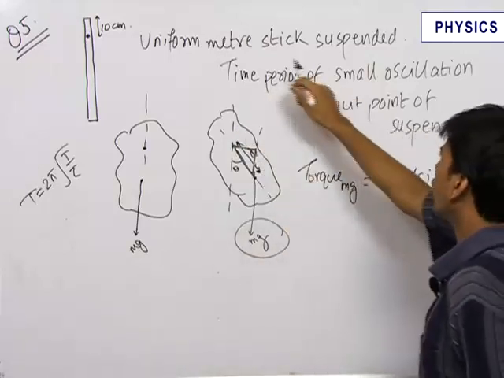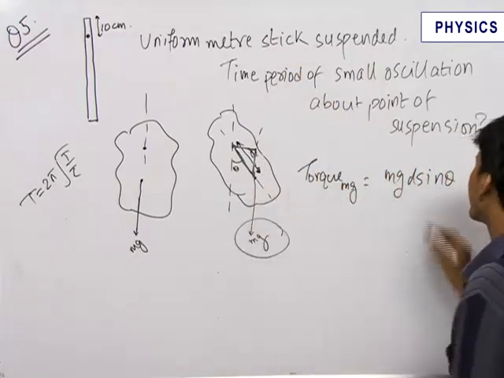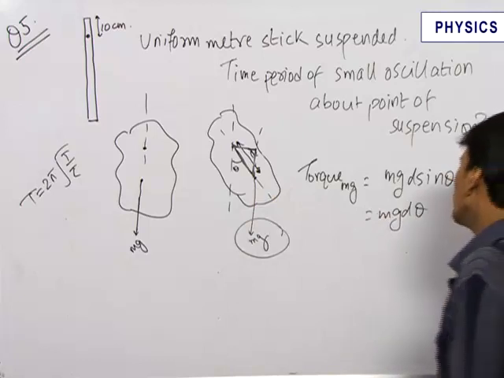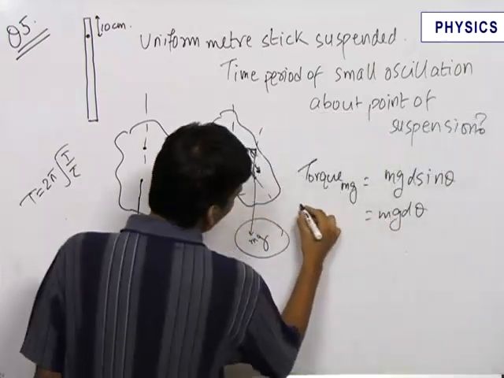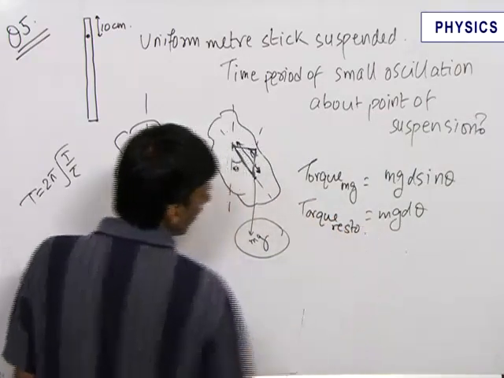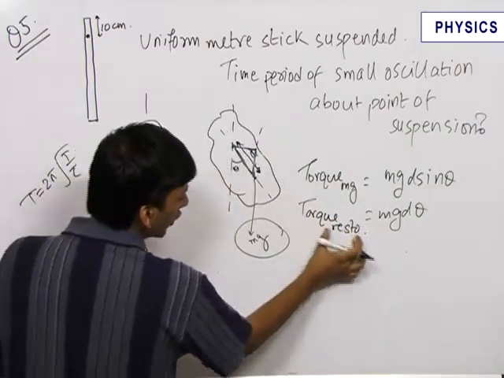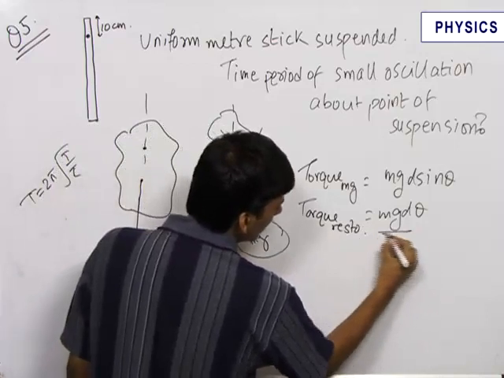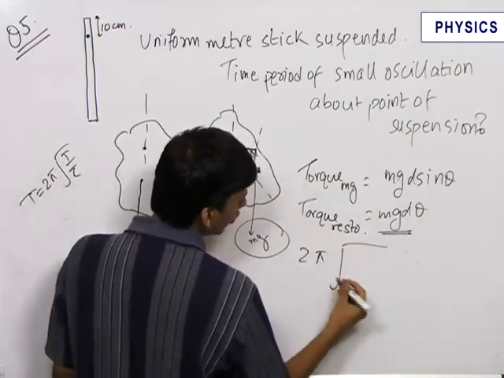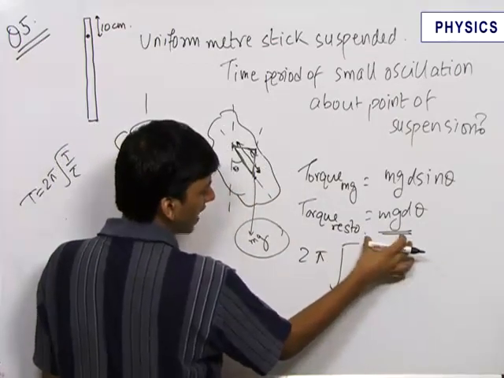Now it is mentioned small oscillations. For small oscillations, sin theta can be taken to be theta, therefore this becomes mgd into theta. This is also the restoring torque. Therefore we have proved that the restoring torque is equal to some constant into theta, and that it is angular SHM.